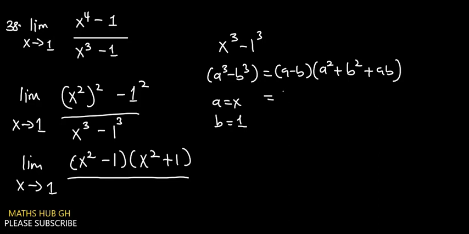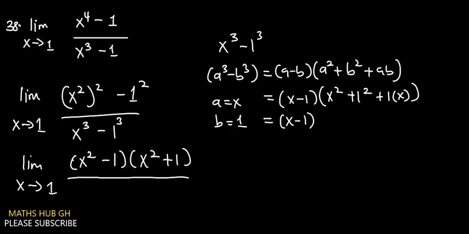So at the end we are going to have x minus 1 multiplying x squared plus 1 squared plus 1 multiplying x. So at the end we are going to have x minus 1 multiplying x squared plus x plus 1. So let's bring that here: x minus 1 multiplying x squared plus x plus 1.